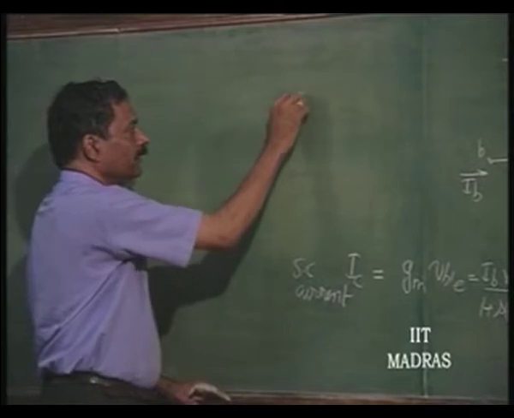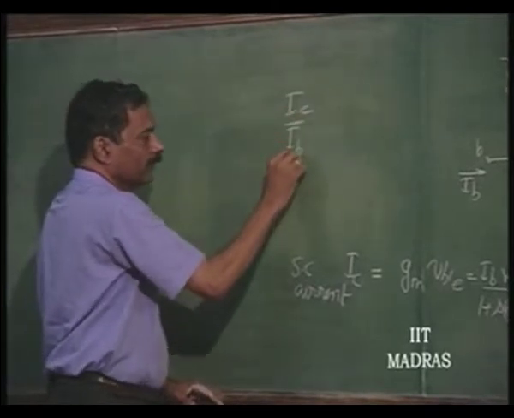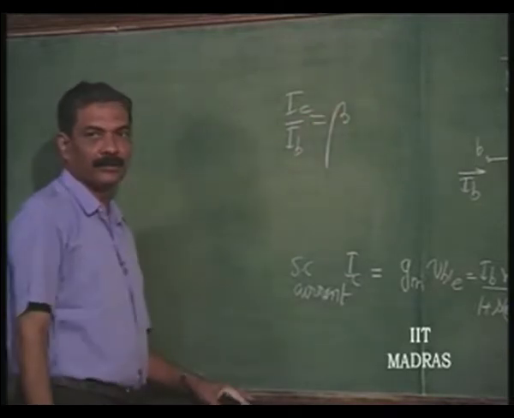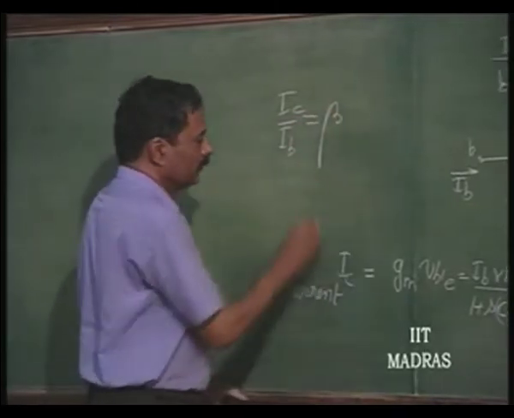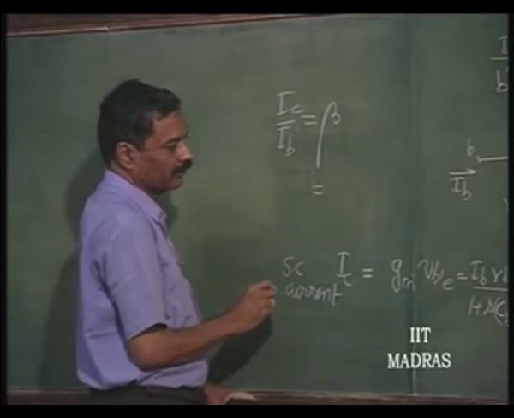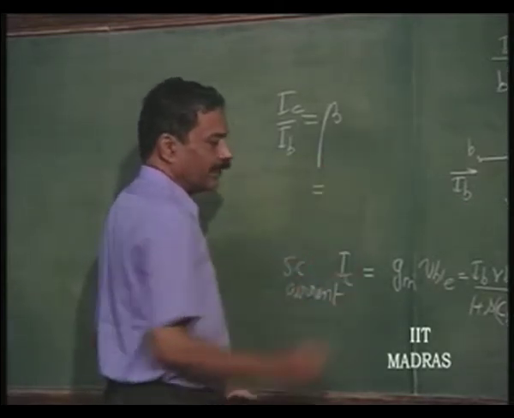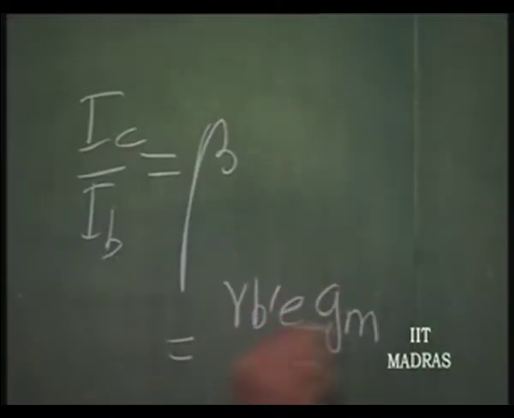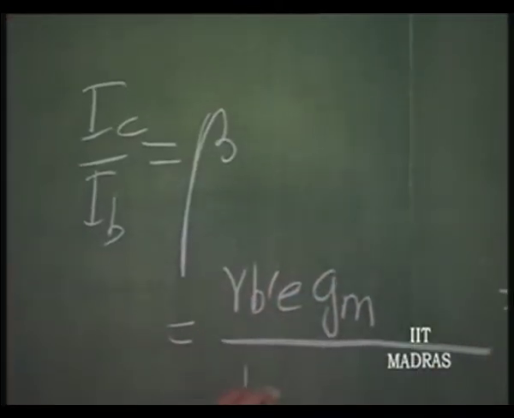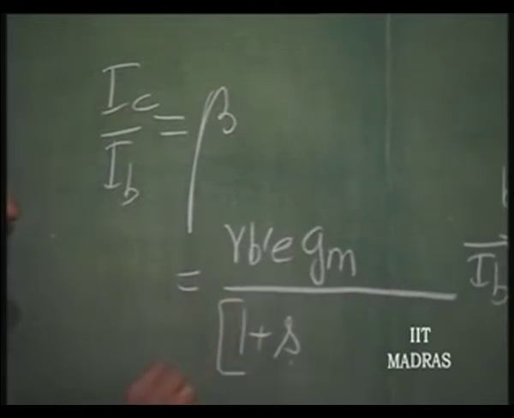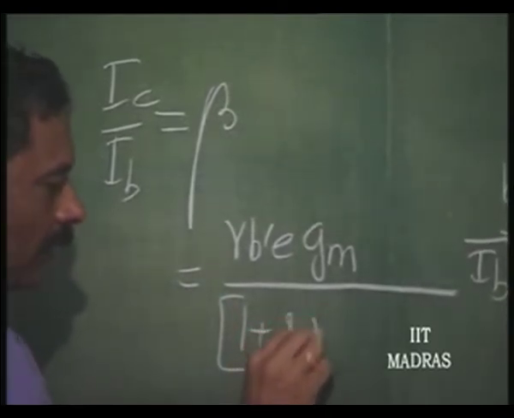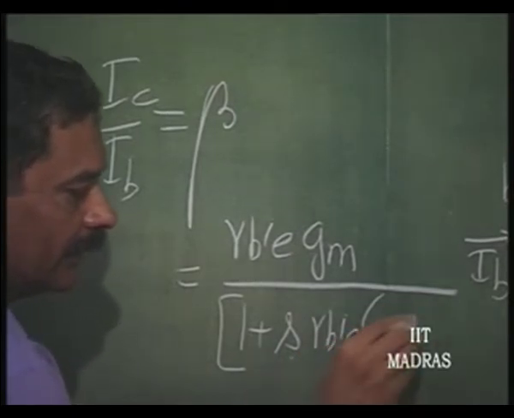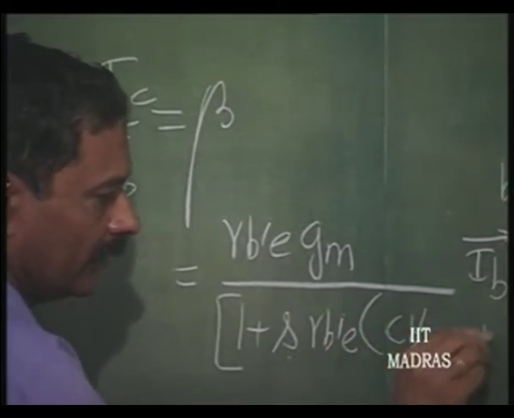So, IC by IB, we will call this beta, equals rb'e gm divided by 1 plus s rb'e into Cb'e plus Cb'c.